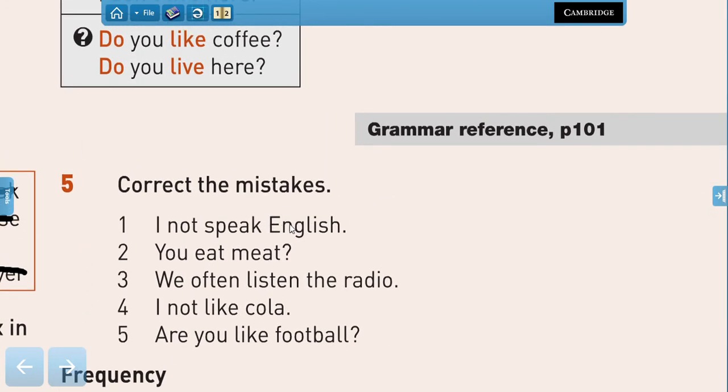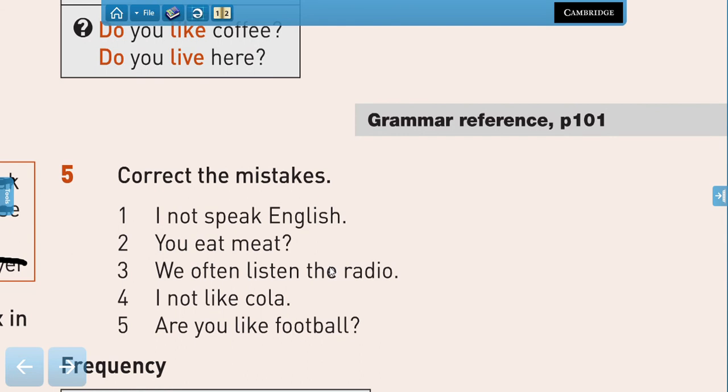Now, have a look at these sentences. 5 sentences that have mistakes, right? Errors in them. Now, can you write the correct sentences? So let's see.